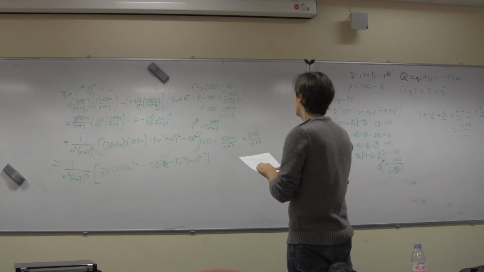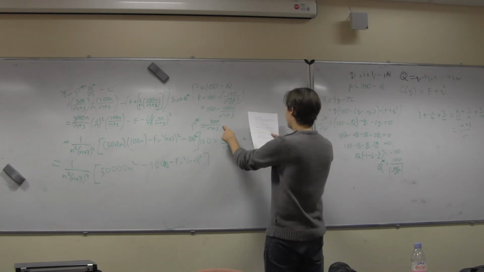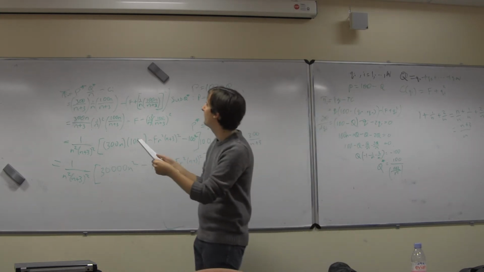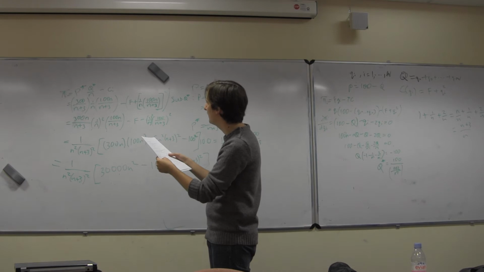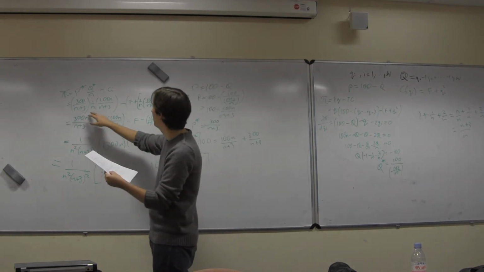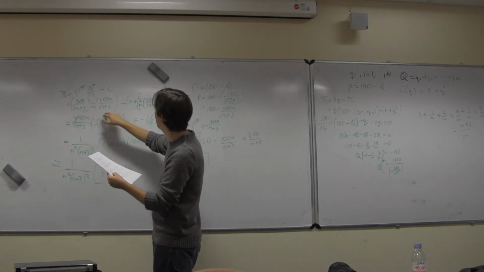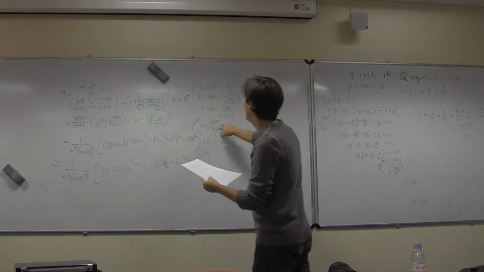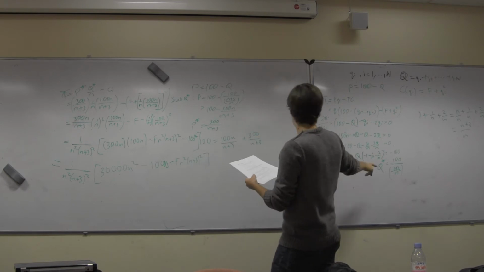So did we get the same thing for price? We got the same thing for price, 300 over n plus 3. So we just haven't quite simplified profits as much as they did. Just check everything was right. Price and quantity over n. Price was that. Quantity was that.